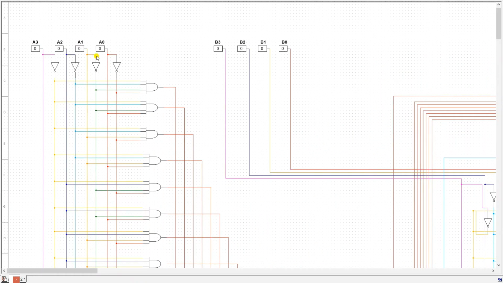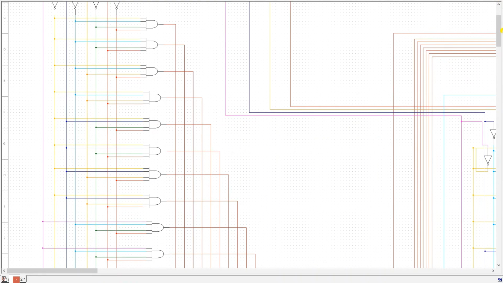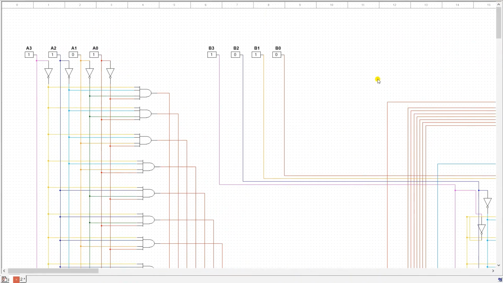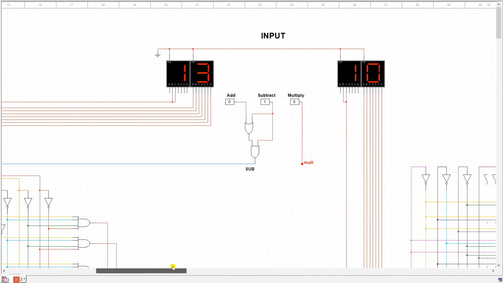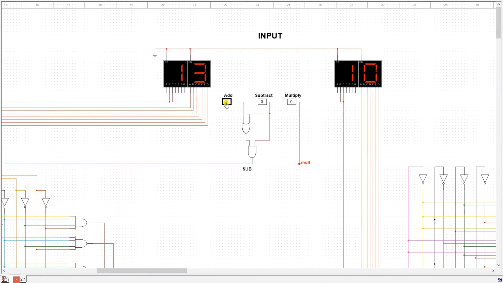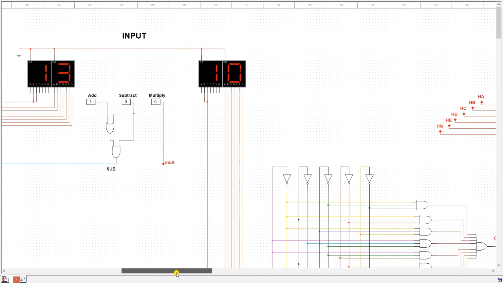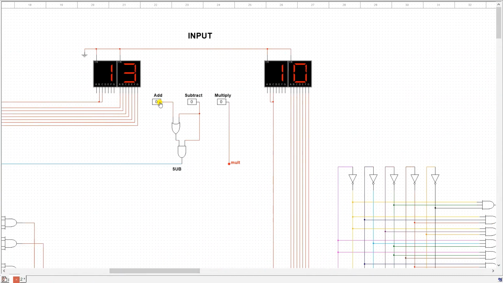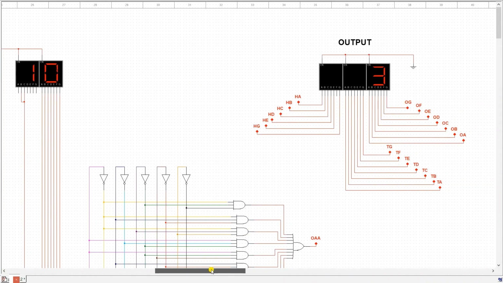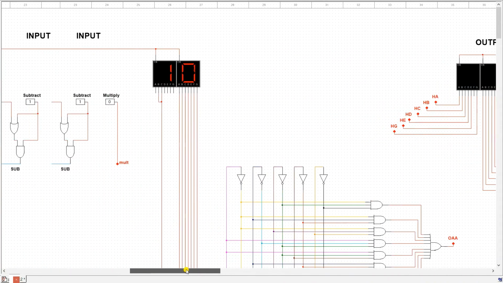For the last set of numbers, we input 1101 and 1010. This should decode to 13 and 10. If we add the numbers, we should get 23. If we subtract it, we should get 3.